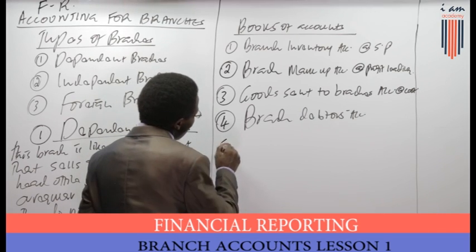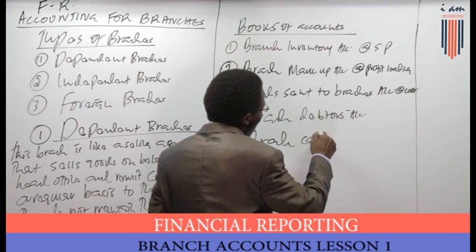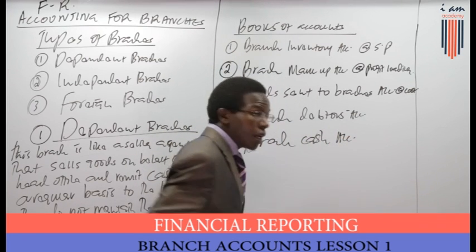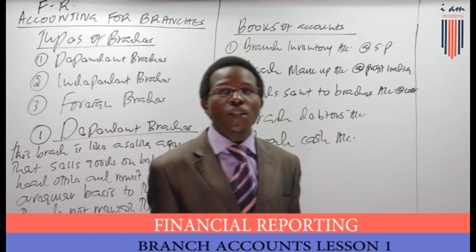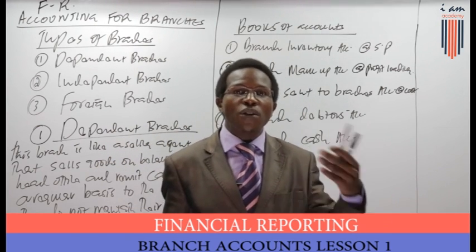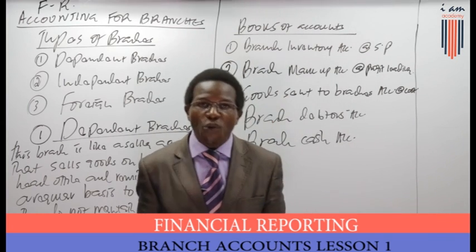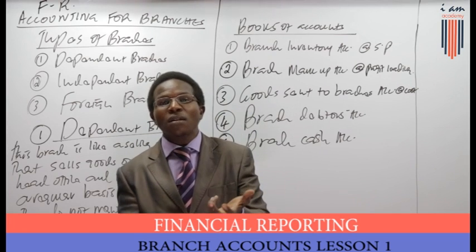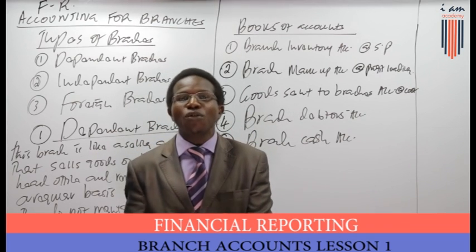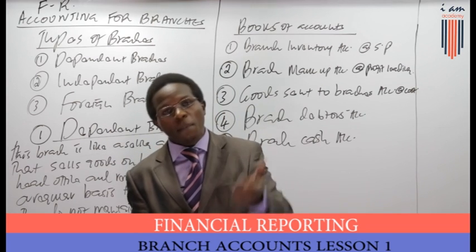Then we come and talk about number five. We have the branch cash account. Remember, the cash account is to recognize the receipts and payments. We are going to debit the branch cash account with all the receipts, either we have received cash by selling goods, we have received cash from our credit customers, or we have received cash from other branches.